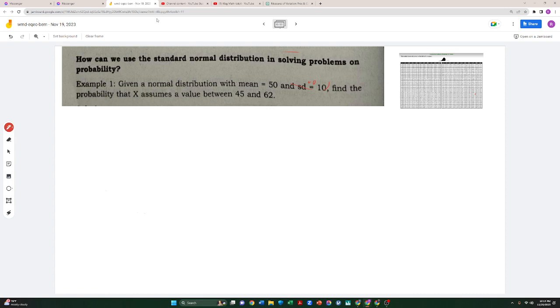Again, the first step, what was the first step, second step, third step, and fourth step. The first step is to look at the problem. If it is between, you will use the z-score. You find z sub 1 and z sub 2, where z sub 1 is 45, and z sub 2 is 62. Once you find them, use the z table.